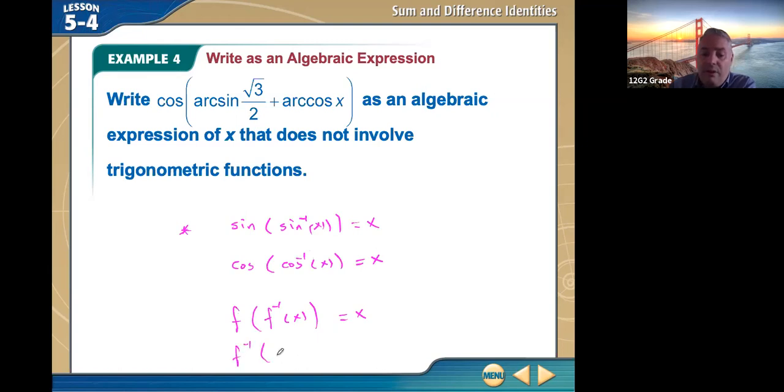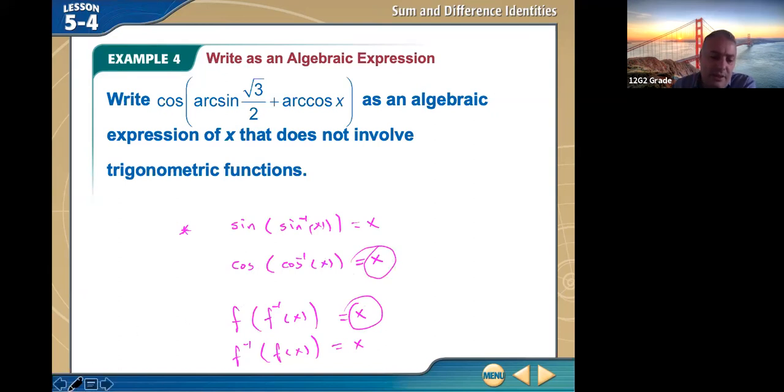Or f inverse of f is equal to x. This is for logarithmic functions, trigonometric functions, for all kinds of functions in general. Any function and its inverse, when operated, the result is x. So when I say cosine of arc cosine of x, the result is directly x.